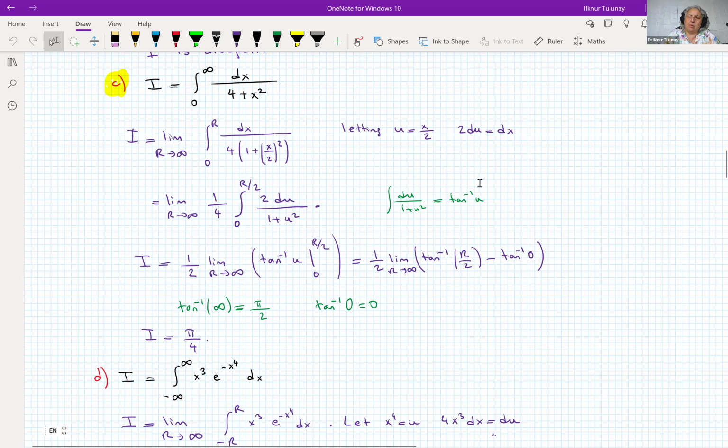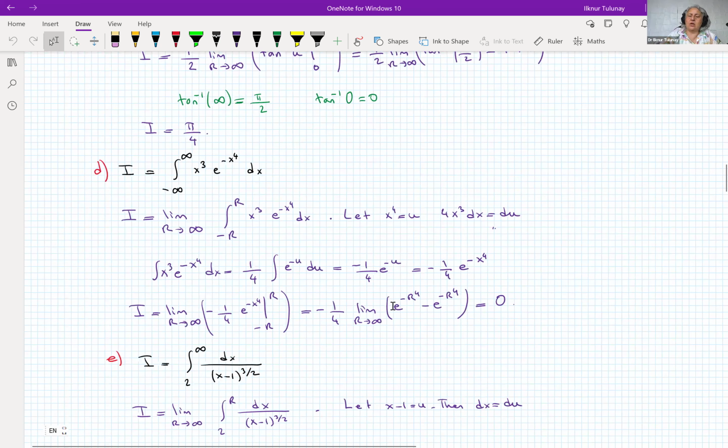So this part will be tangent inverse, and the constant 2 over 4 will be 1 over 2. And if we put the boundaries in, we have r over 2. When r goes to infinity, this will be tangent inverse of infinity, which is the value of pi over 2, minus tangent inverse of 0, which is the value of 0. Then we have pi over 4, because you have a 2 here, pi over 2 times 1 over 2, pi over 4. So that's the result for this improper integral.